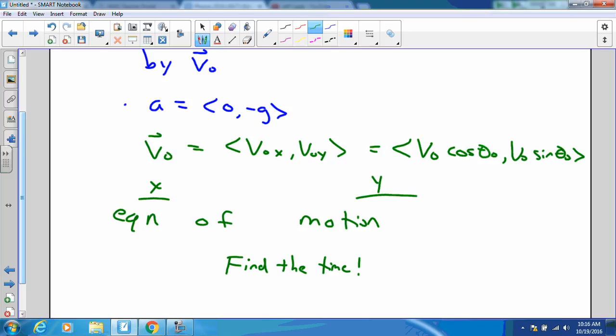But what I can often do is find something about the y and find the time when that happens, and then find the corresponding motion in the x where that happens also. Does that make sense? So we're thinking of that projectile motion as basically happening on film. And when I find the timestamp, that captures the motion in both directions.